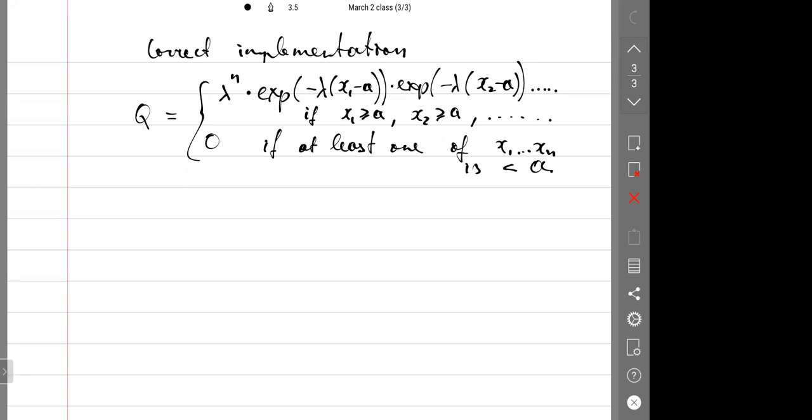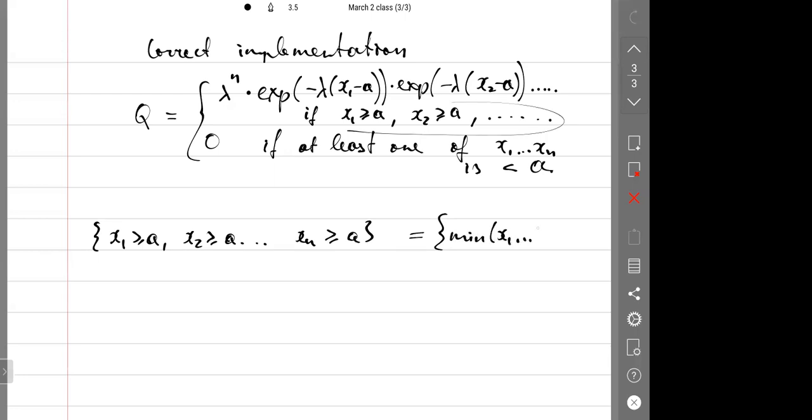Indeed, it's a product of individual densities, but sometimes this product is 0. And now you're right that we can write this condition as: x1 is greater than a, x2 is greater than a, xn is greater than a, which is exactly the condition that the minimum of x1, ..., xn is greater than a.